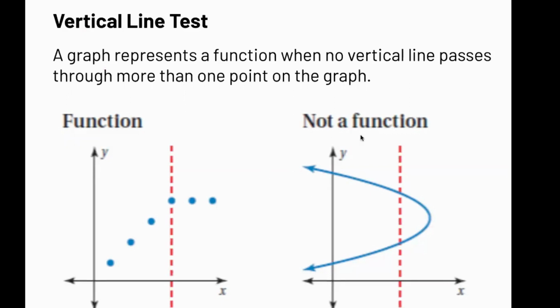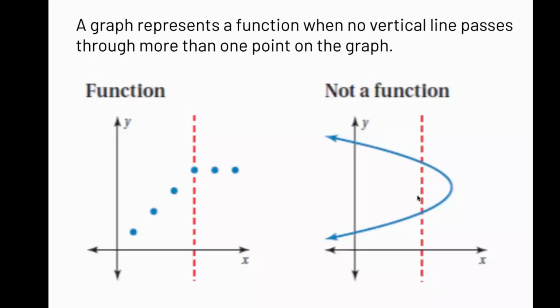Looking at these two pictures below, we see that this left image represents a function because the vertical line only passes through one point, and this means that each x value or each input has exactly one output or y value. However, on this right image, this graph does not represent a function because we see that the vertical line passes through more than one point on the graph.